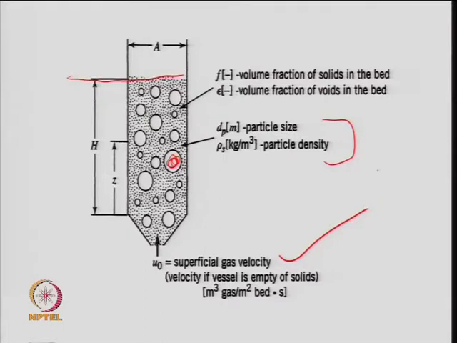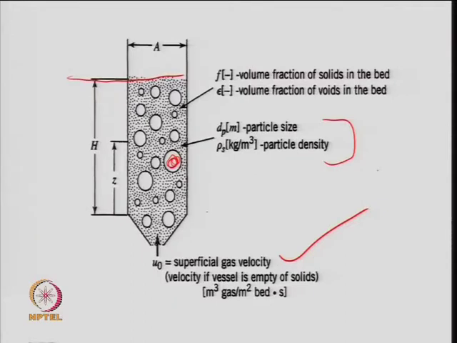And this height of the bed can be calculated simply from the mass balance, right. One is the height of the packed bed, when the bed is not fluidized, and the other is when the bed is being fluidized, but the mass will remain the same. So, one can very easily calculate it based on the solid balance, right.